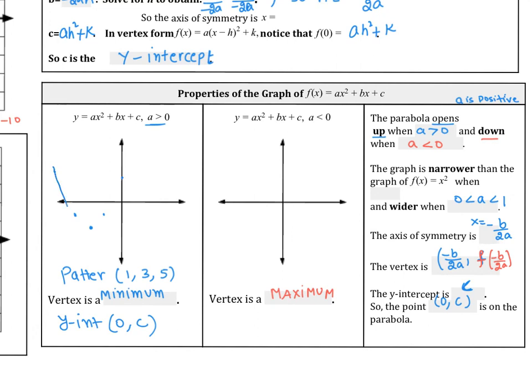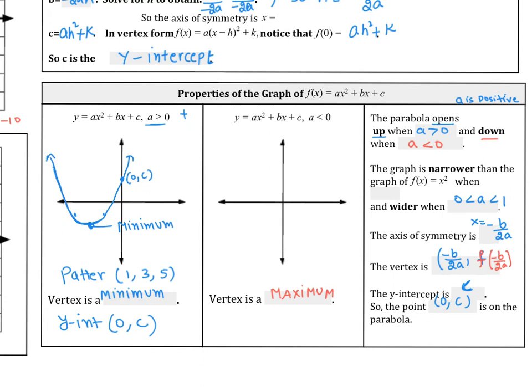And that's going to be your open-up parabola, where the vertex is this point, and wherever it cuts the y-axis, that is going to be your y-intercept. Again, if a is positive, then it opens up, and the vertex is going to be the minimum because it's all the way at the bottom of the graph.